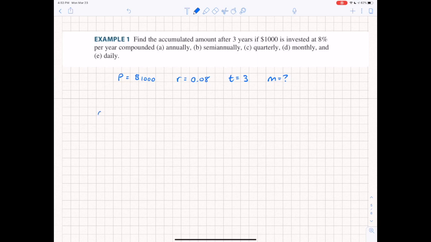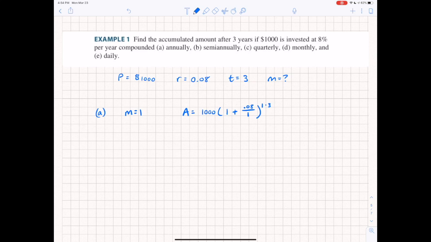So in A, if I'm compounding annually, this means my m is equal to 1 because I'm only going to have a conversion period of 1 time. And so according to the compound interest formula, A is going to be equal to my principal times 1 plus r, which is 0.08, divided by m, to the power of m times t.